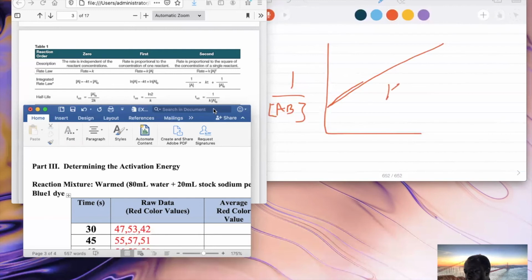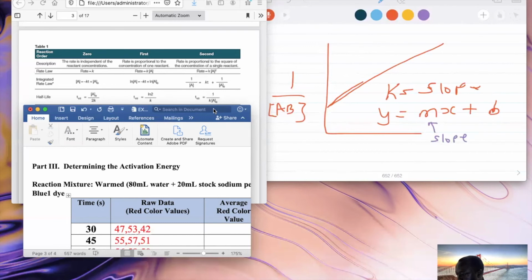So k equals slope. Remember, slope is obtained from y equals mx plus b, which is this right here. This is the slope right here.